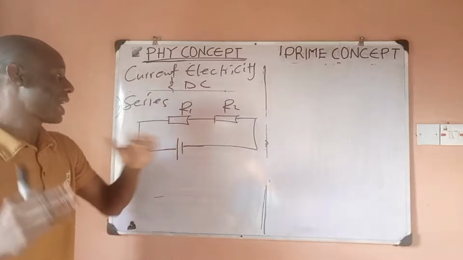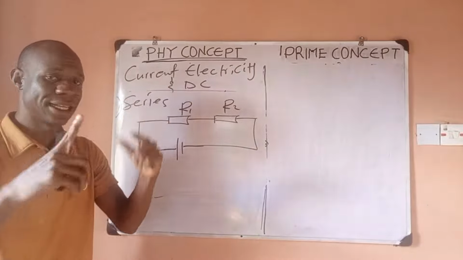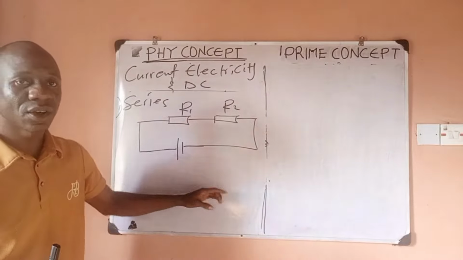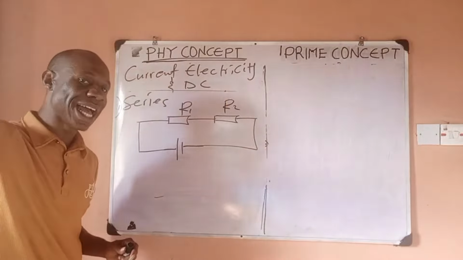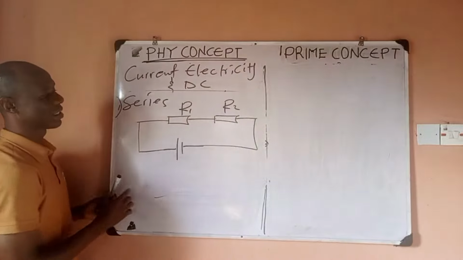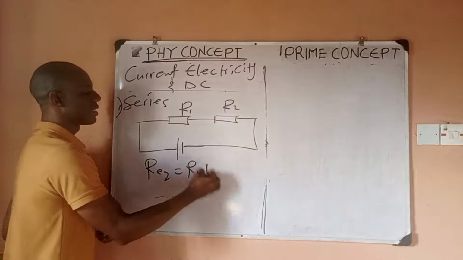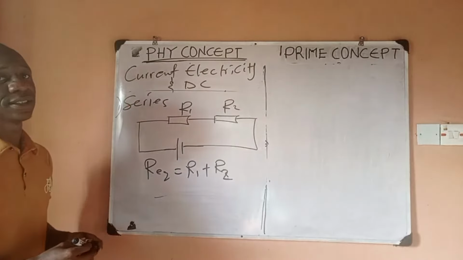The same diagram for capacitors in series. What is different is the formula, not the diagram. So how do we find equivalent resistance for series? The equivalent is just going to be the direct addition when they're in series.